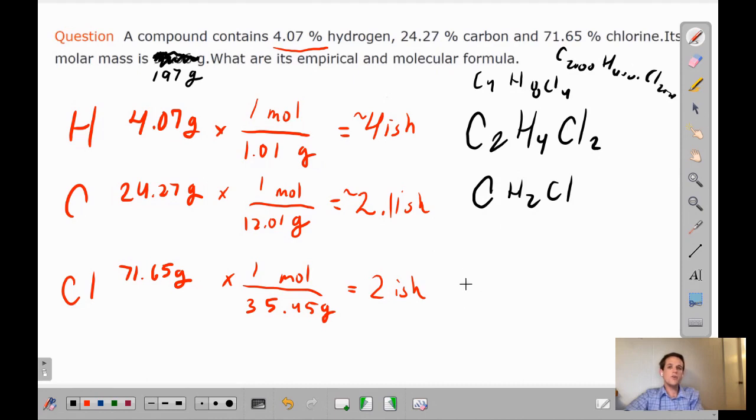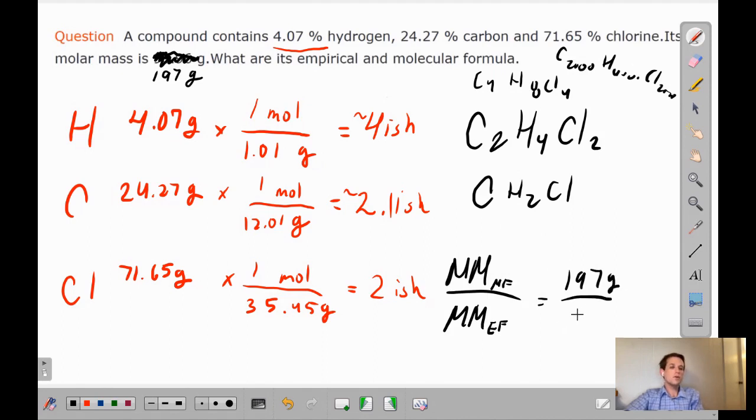There's a handy little ratio we can use, which would be the molar mass of our molecular formula divided by the molar mass of our empirical formula. That should give us the ratio of one to the other, and we can use that to calculate one from the other. So for the molecular formula, we know it's 197 grams.